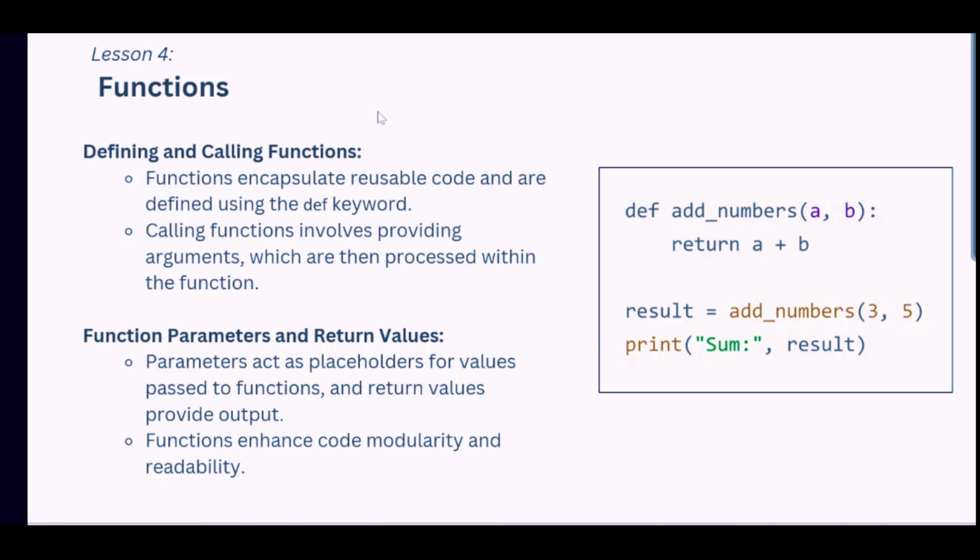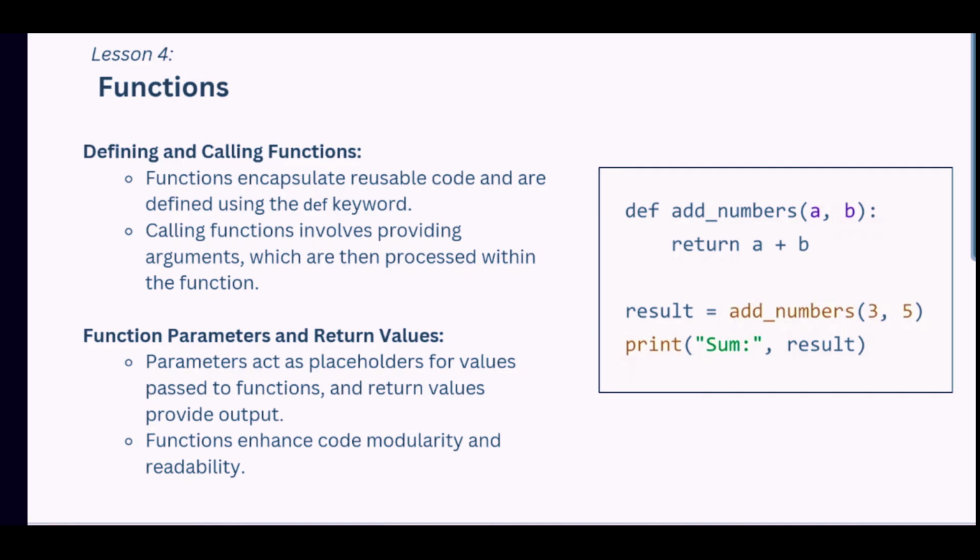For example, you saw the range function. What the range function does is return a sequence of numbers from the initial point to the final point by an increment of 1. Similarly, you can also create your own function.